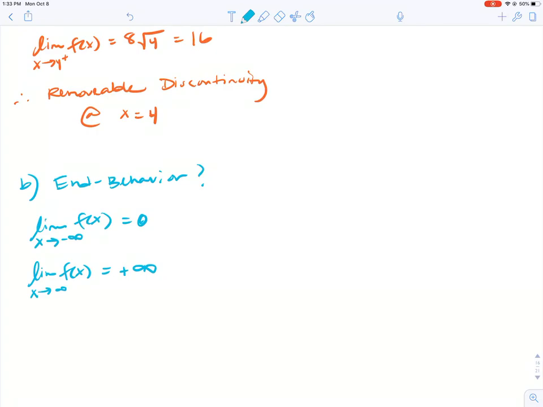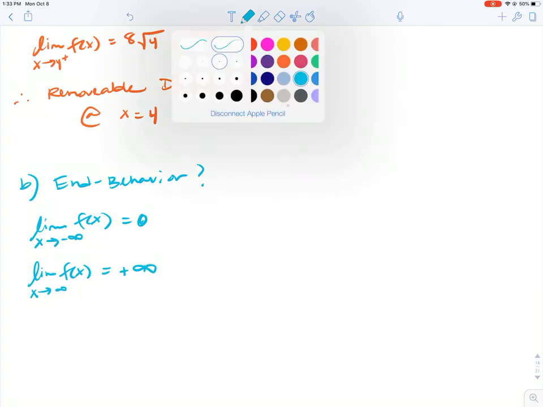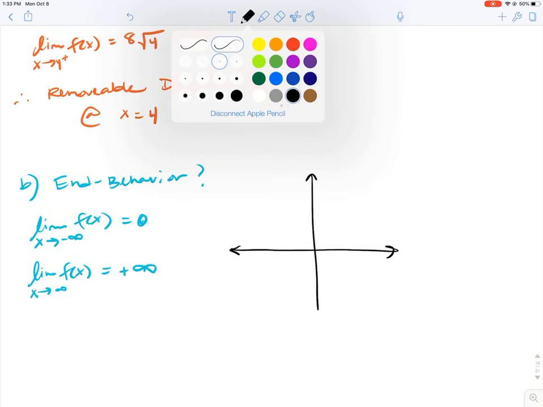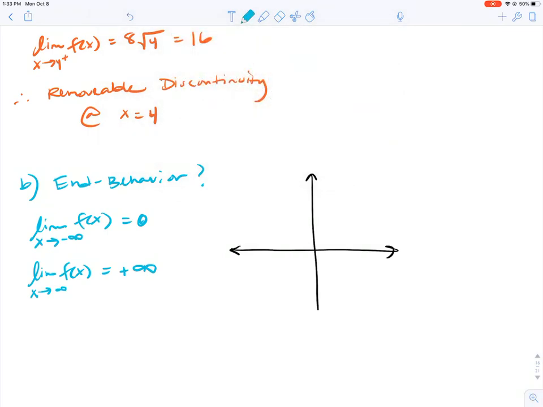One side will end up approaching 0, right? We'll end up approaching 0 from below. And then as x approaches positive infinity, the graph will also end up approaching positive infinity. And then some other stuff happens in here.